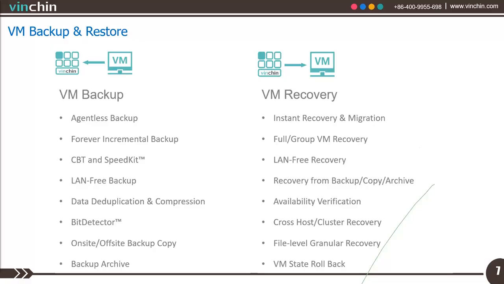And for some specific situations, for example, if just some files in the virtual machine have been corrupted or accidentally deleted, you can use our file level granular restore feature to recover only the files instead of recovering the whole virtual machine. Another example, if a virtual machine got affected by ransomware, you can choose to roll back the virtual machine state by simply using a previous restore point.